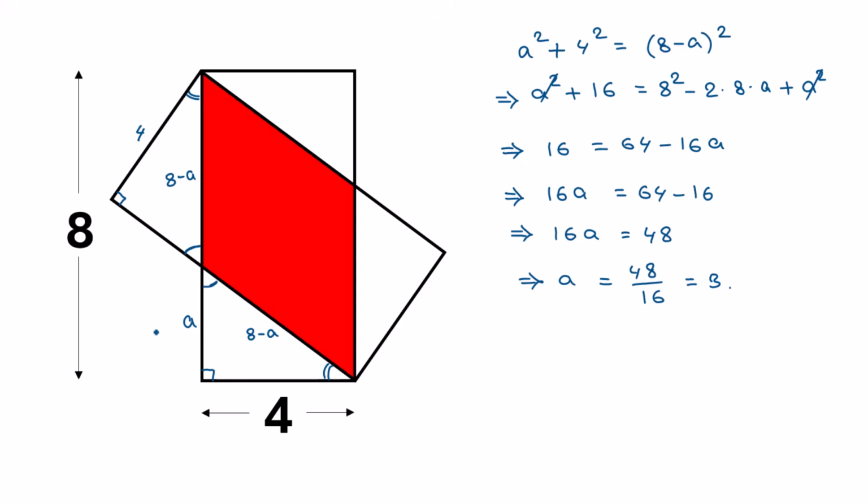So this length will be 3 unit, and this length is 8 minus a, as a is equal to 3, so this will be 5 unit. So this length is 5 unit. Now join this point and this point.